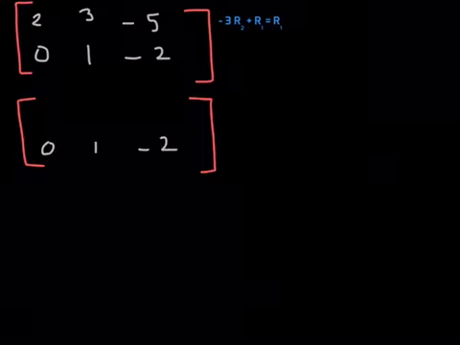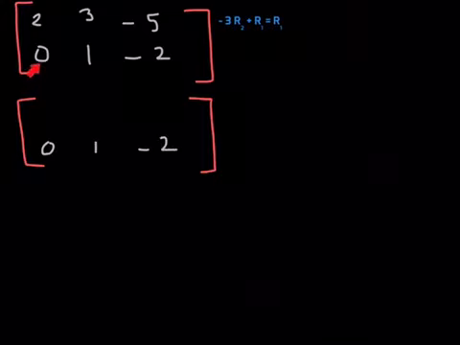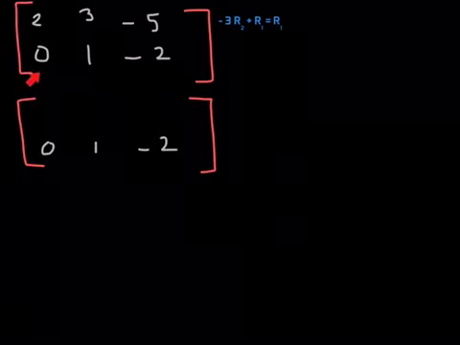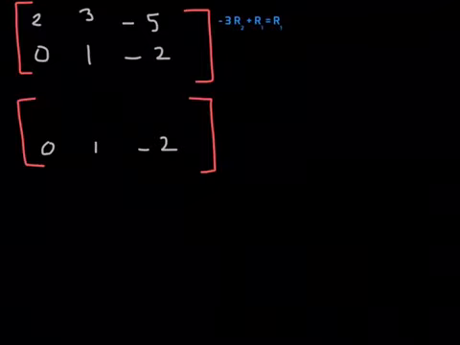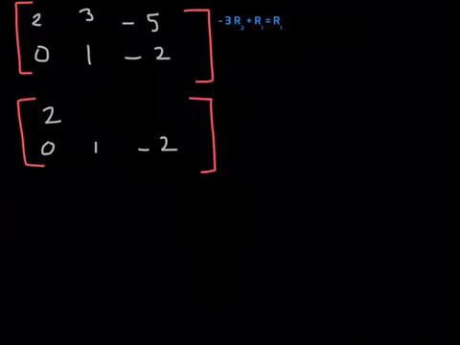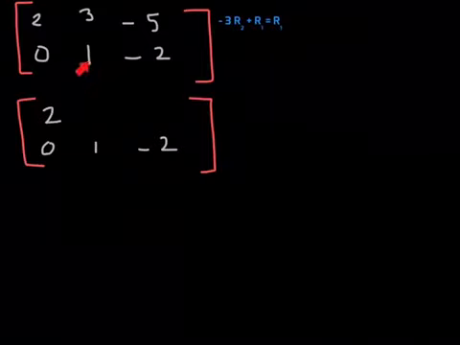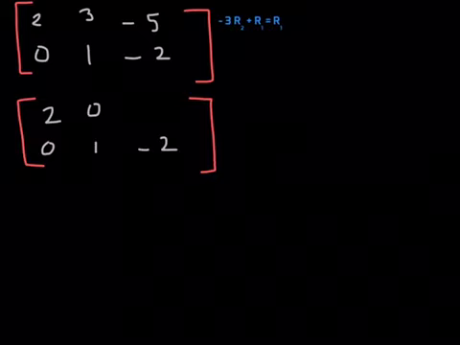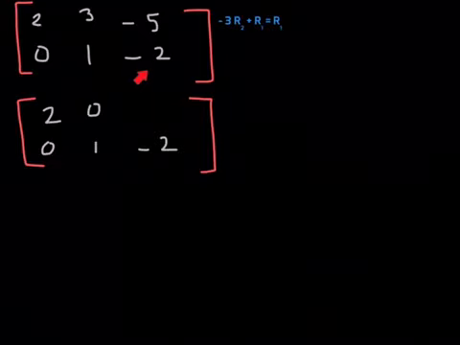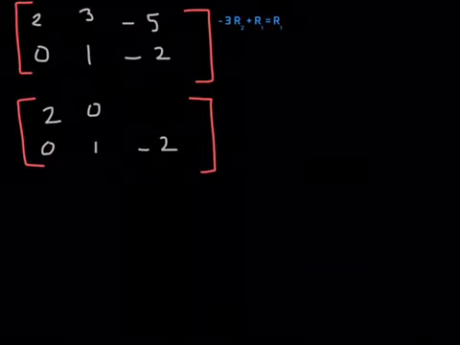We are going to multiply 0 by negative 3, which is 0, plus 2, which is still 2. And then 1 times negative 3 is negative 3, and plus 3 is 0. That's what you and I were trying to get. Good job. Negative 2 times negative 3 is positive 6. Positive 6 plus negative 5 is positive 1.